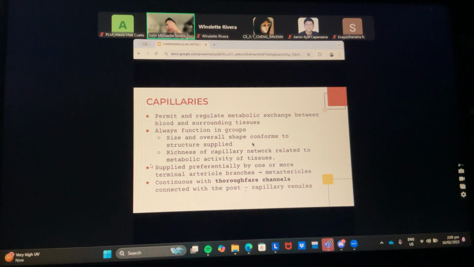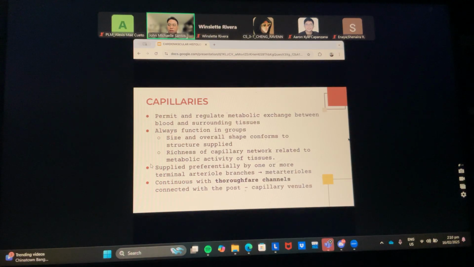So for example, ito yung heart, or ito yung kumbaga meron kang organ, which is ito. The shape and structure of your capillaries is ganyan. Parang kumbaga kino-coat niya. Okay? Ganun. And then the richness of capillary networks is related to metabolic activity of tissues.